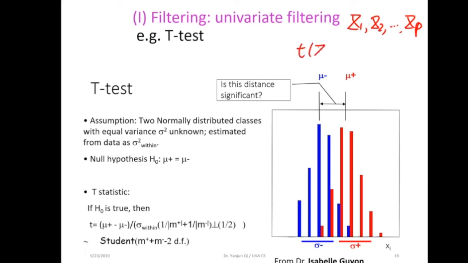Let's just write t of x1 versus the y, x2 versus the y, to xp versus the y. And you rank according to the values it gave you.